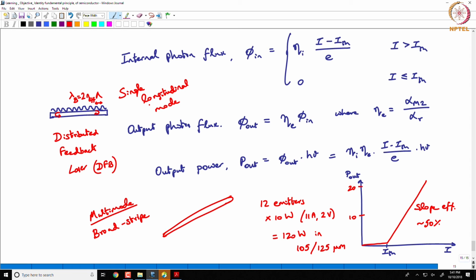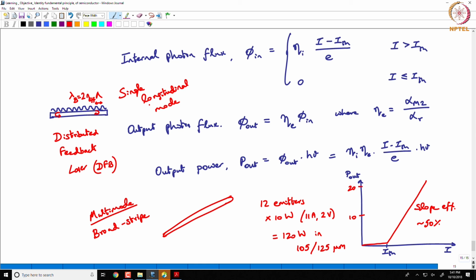So, sometimes it is loosely called a single frequency laser also. Although there is no such thing as a single frequency laser, even if it is operating in a single longitudinal mode, because of the phase noise associated, it will actually have a finite spectral width in the order of megahertz.